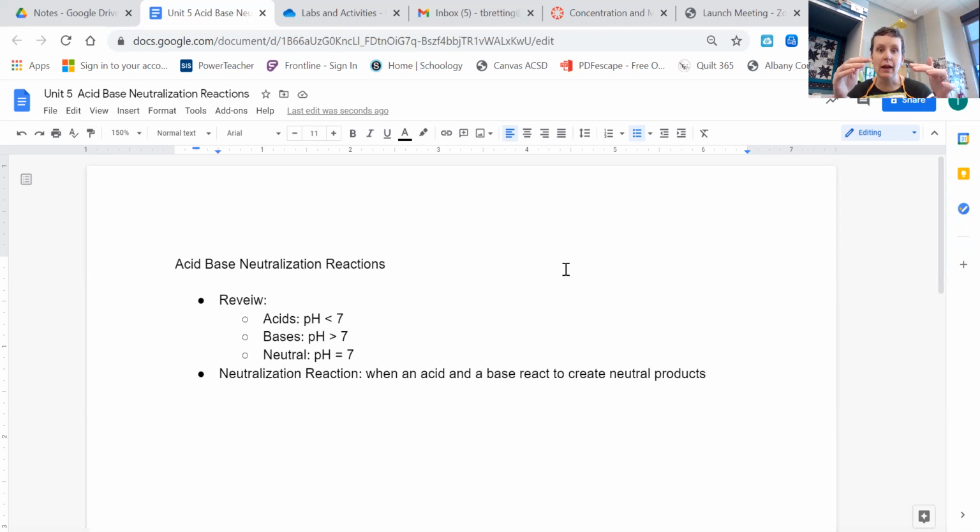So when you add them together, they react and they are going to create neutral products. Acids starting with H and bases ending with OH react to make water and a type of salt.